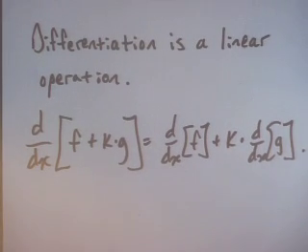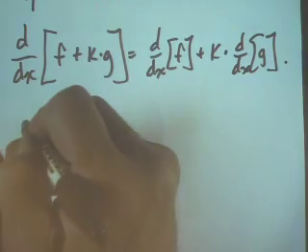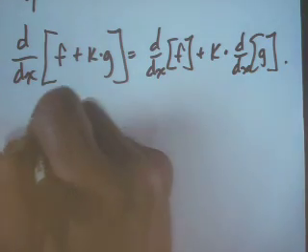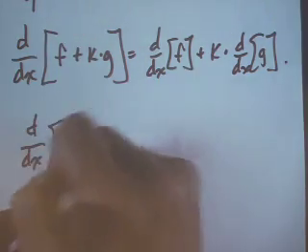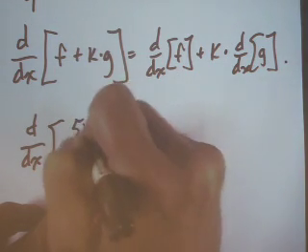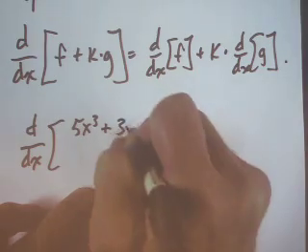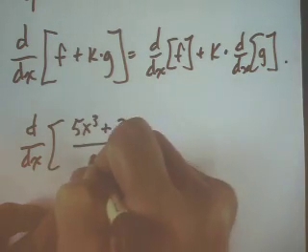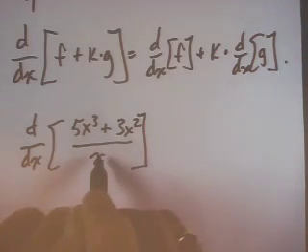Okay, let's apply that to an example. Let's just find the derivative of a function. Let's say our function was 5x cubed plus 3x squared over x. The first thing we might do is simplify this argument.